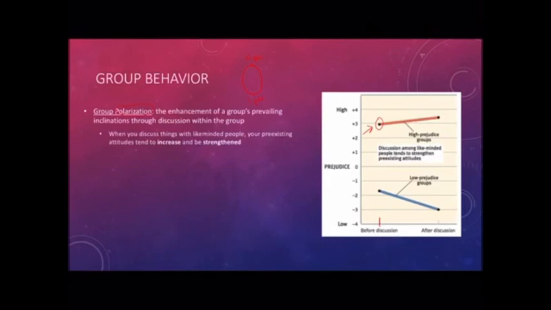And then once they get together with those other high prejudice people, they come out of that meeting even more prejudiced than they were going in. Now they're at a 3.4 of prejudice, right? Or prejudicial behavior expression. Versus the low prejudice groups who were a negative 1.8 when they started, came out of their discussion at a -3, right? So they got even less prejudiced.